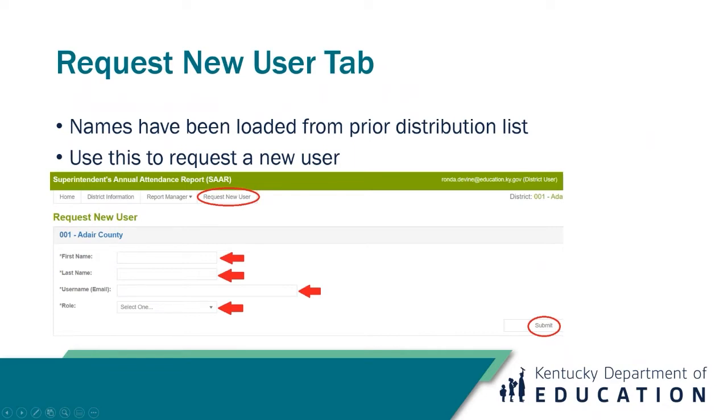Once the person is added, they'll receive an email stating that they've been added to the SAAR application and that they can log in using their Microsoft credentials. If you have someone who has retired or left the district and needs to be removed, you can just email me directly to have that person marked as inactive in the system.